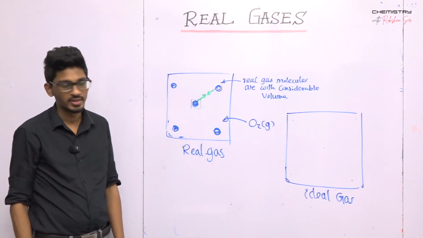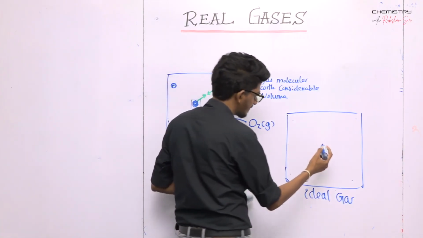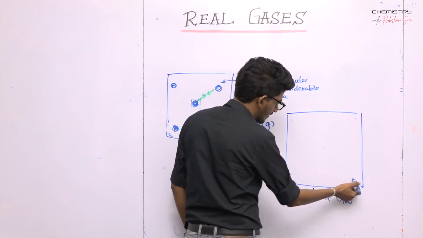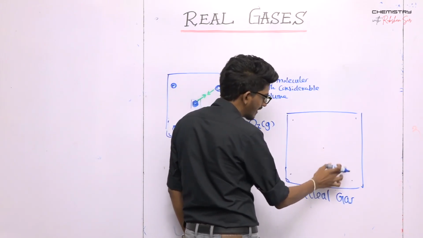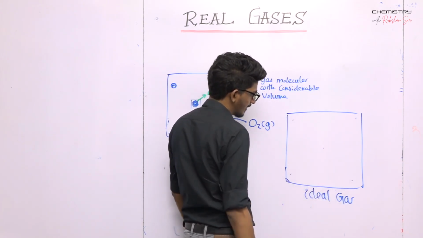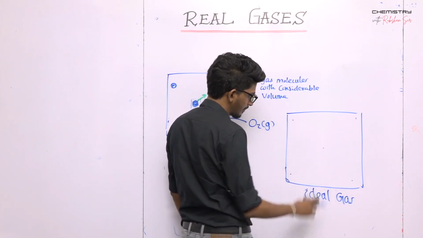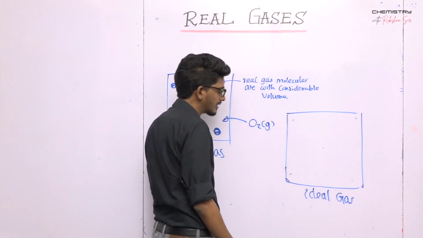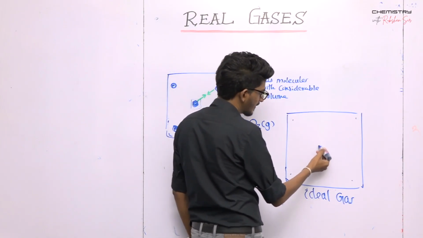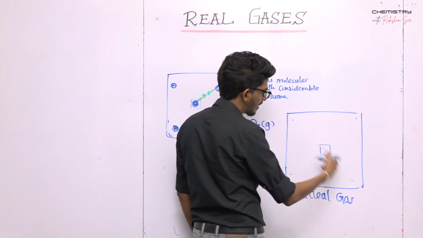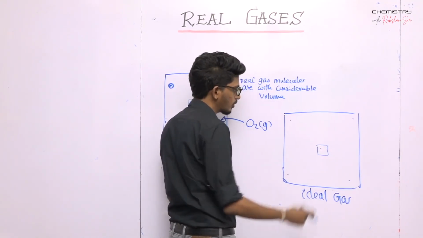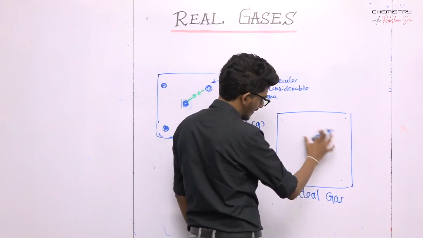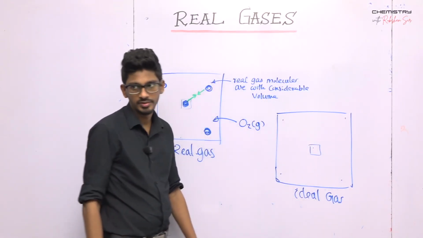But when it comes to ideal gases, these are very small, and the distance between them is very large compared to their sizes. The distance between them is very huge. So one molecule won't feel the existence of the other gas molecules. So attractions and repulsions are not possible with ideal gas molecules.